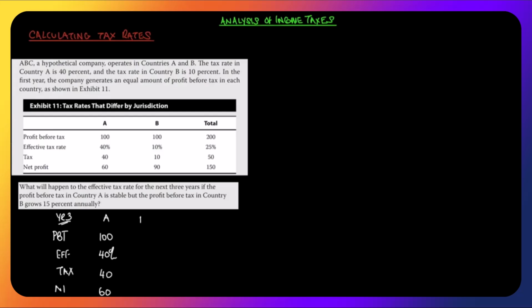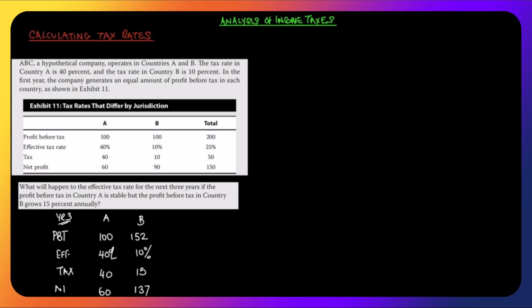B, we've got profit before tax growing 15% annually. So profit before tax by year 3, if we grow 100 by 15% for 3 years, that's going to be 152. At an effective tax rate of 10%, we're paying 15 with a bit of rounding. Net income is 137.